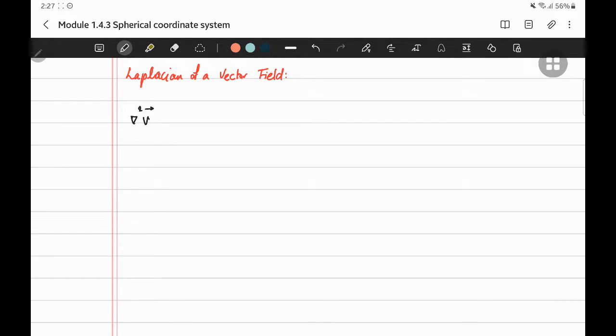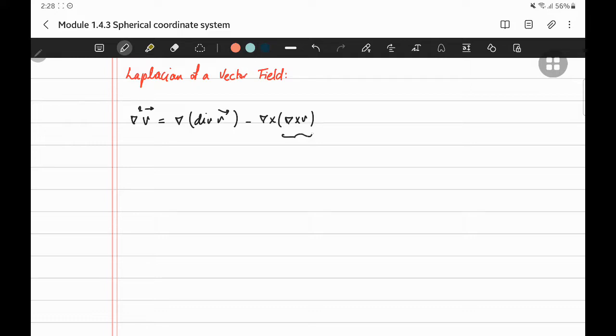I just put this arrow here to indicate that this is a vector. So we use this definition from the book, that it is equal to the del of divergence v minus curl of curl v.